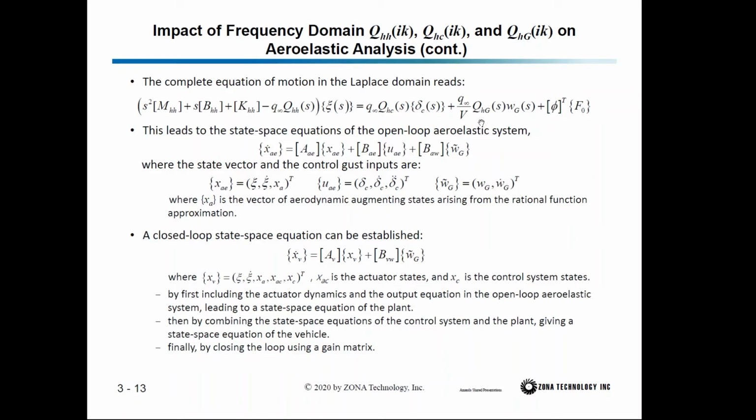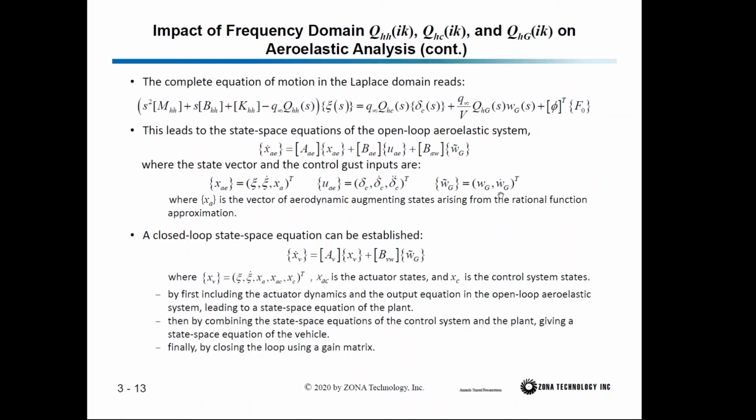So if we have a Laplace domain aeroelastic equation of motion and go to rational function approximation, we can formulate a state space equation of the open loop aeroelastic system, where x sub ae is the state vector, and it contains xi dot and x sub a. X sub a is a vector of aerodynamic augmenting states arising from the rational function approximation, and u sub ae contains delta dot, and w sub g contains the gust velocity and gust acceleration.